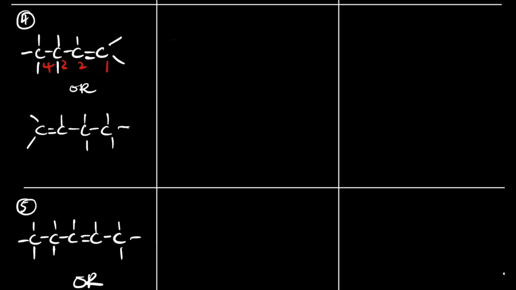So when we name this one, we're going to say but-, and then a dash. It's between what? 1 and 2. So it's in carbon 1. So it's going to be but-1-ene, right? And then same as this one, we have 4 carbons. It's just that the double bond is here and the double bond is here.